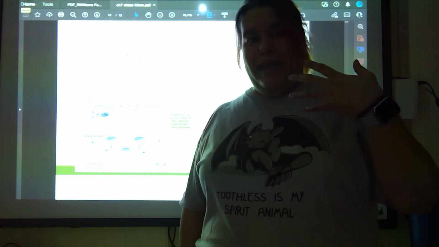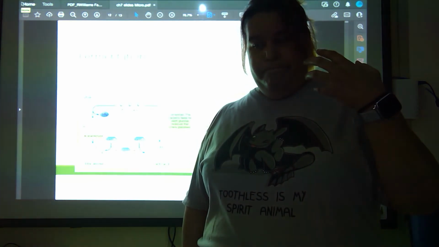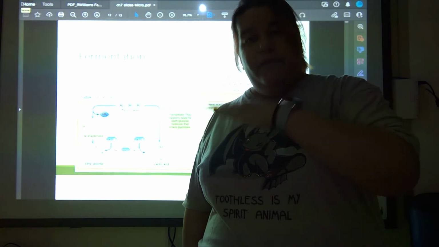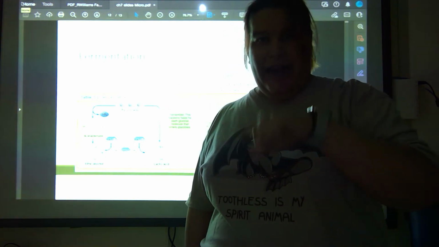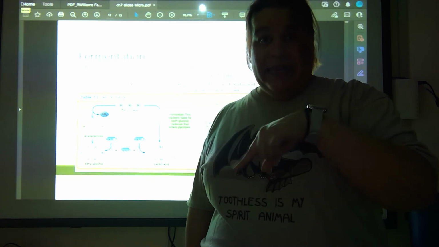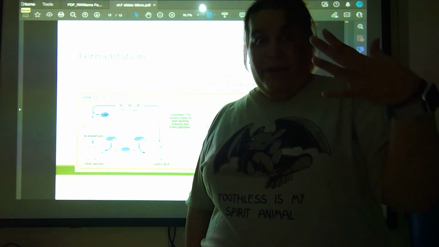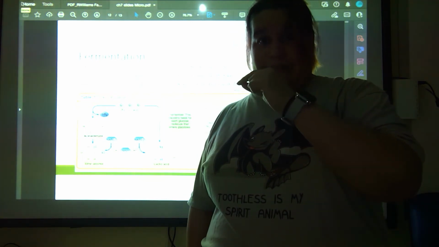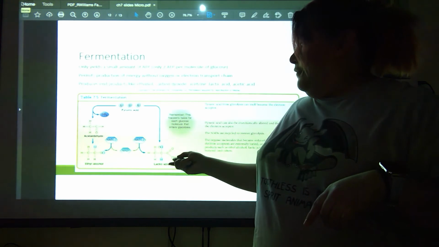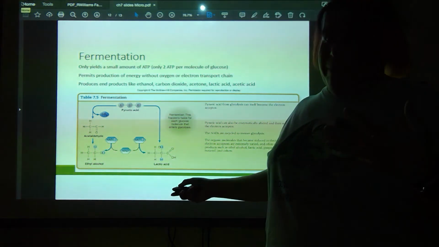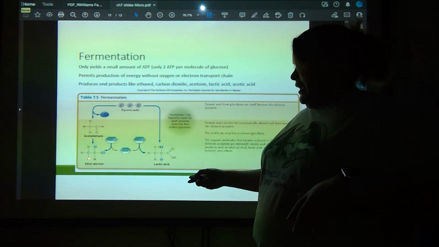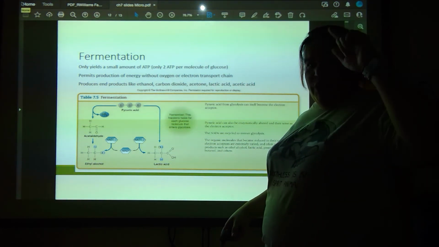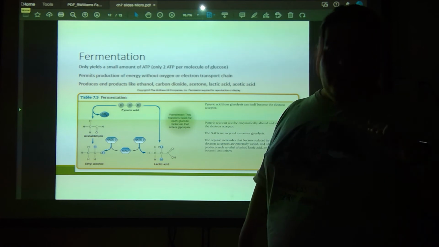The ultimate thing to think about is that in fermentation, I still have to have a way to get back to the beginning because I don't have a choice. So that NAD getting rid of the hydrogen it's carrying, the taxicab dropping off that hydrogen to make ethyl alcohol or lactic acid, allows it to go back into my glycolysis cycle.